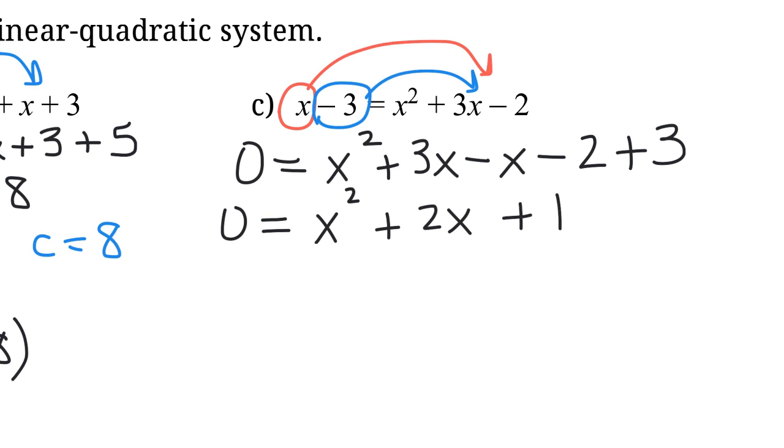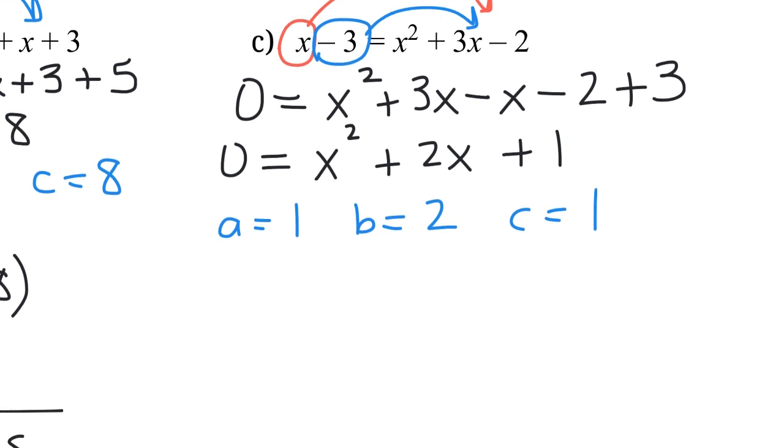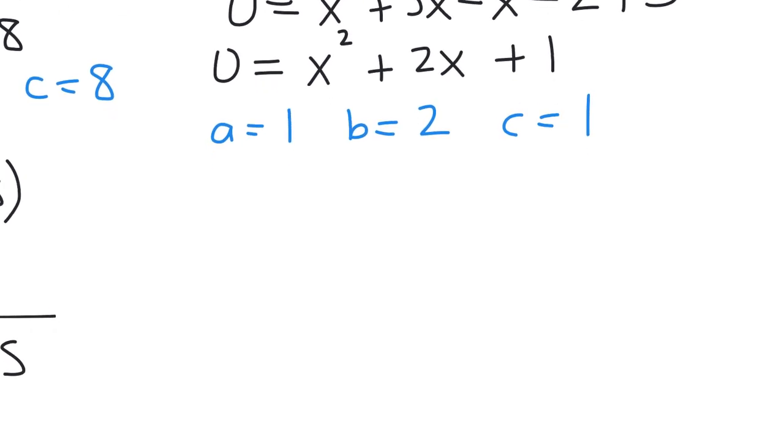Okay, next step is to identify my a, b, and c values. So my a value is 1, my b value is 2, and my c value is also 1. We're going to plug those numbers into the discriminant. So b squared minus 4ac.